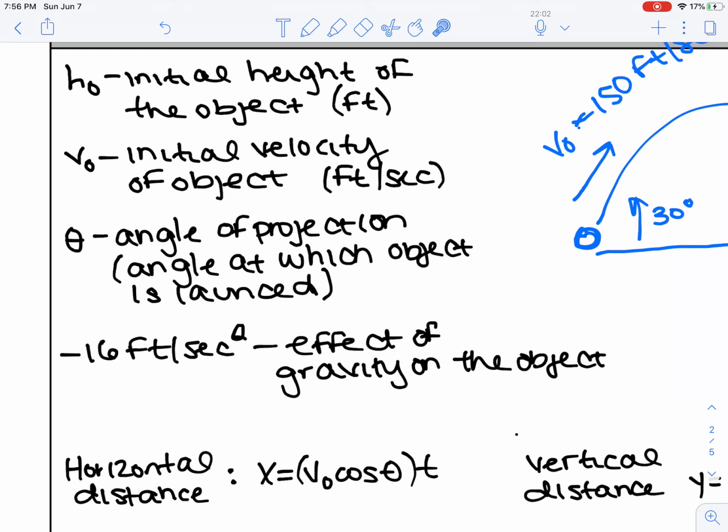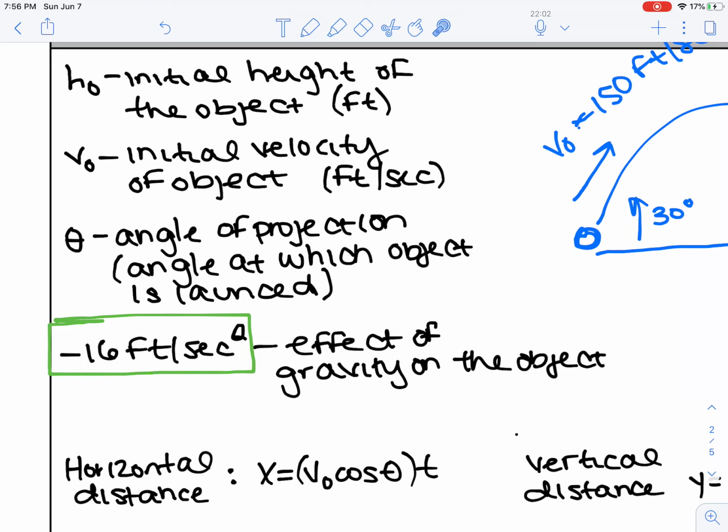We are also going to need to consider some angle measure, theta, which is the angle of projection. Another way to think about this is the angle at which our object is launched. The last thing we need to look at is this number right here, and I'm going to box it so you don't accidentally see that symbol as a hash mark. That's actually a negative.